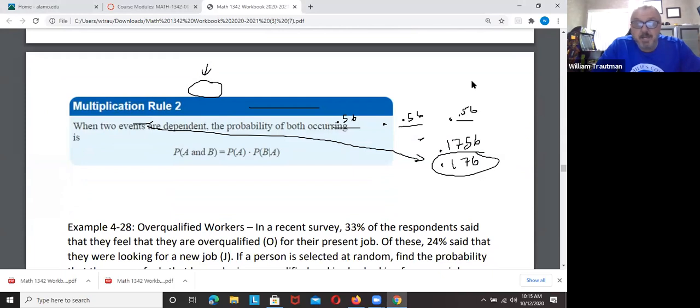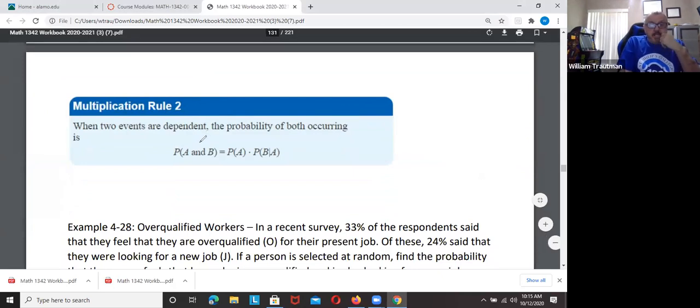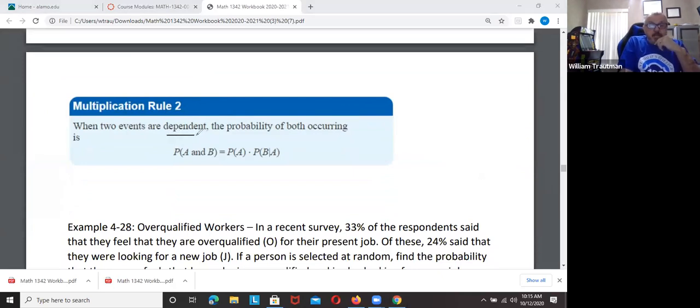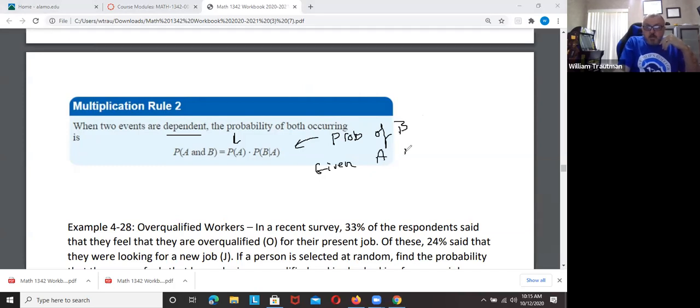Now we need to write these formulas down, especially this one. The probability of A and B, this is when they're dependent, when one depends on the other. The probability of A times, so let me write this down, the probability of B given A already happened.